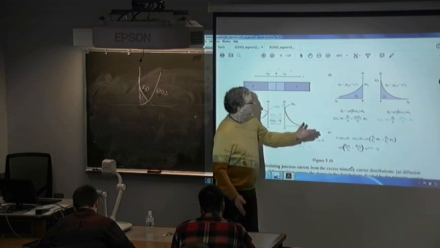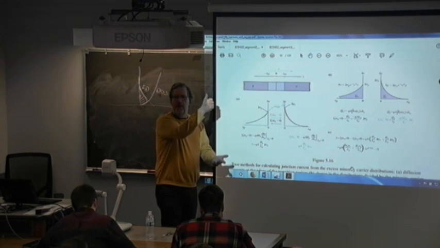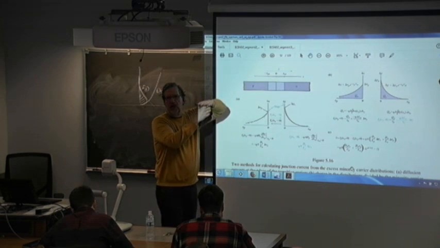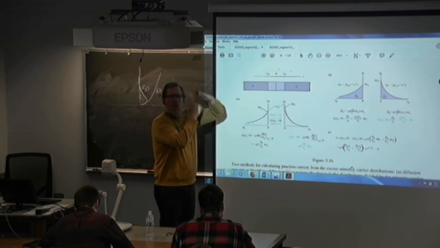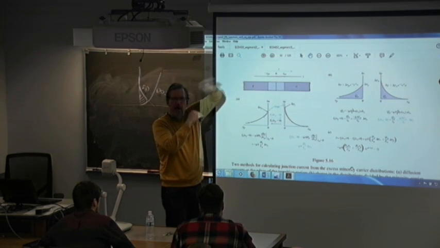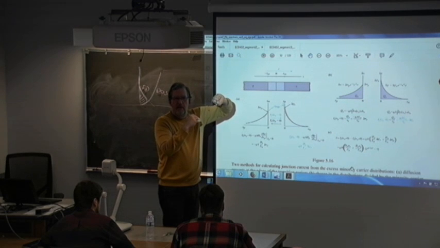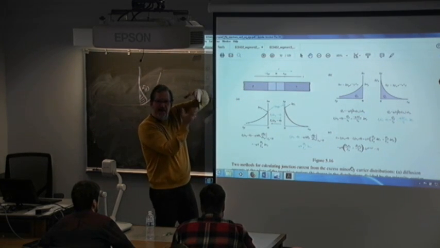Generation is driven by temperature going up, and recombination is statistically random, but it becomes more probable when you have more carriers up there, right? It's kind of like when the lottery pot gets larger.